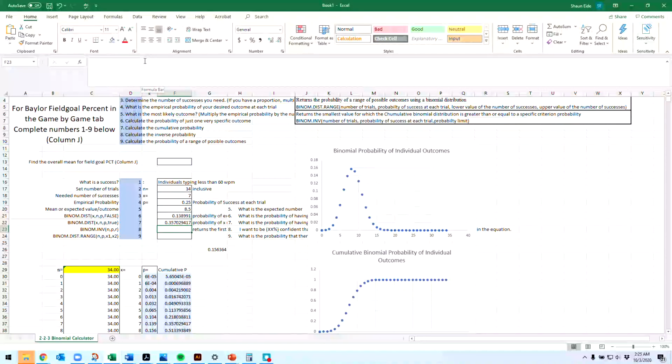By doing true, this adds up this probability with this one, with this one, and all of these probabilities together to tell you the probability of 7 or less. So that's 35.7, or roughly 36% of the observations are going to be 7 or less.